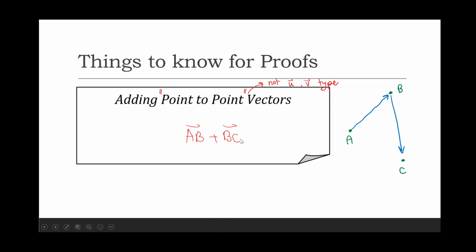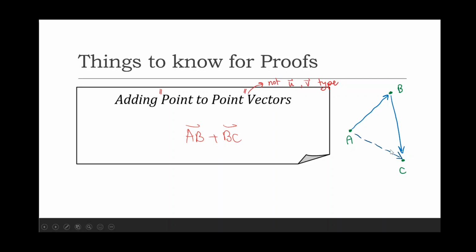Okay, so let's say you're having a proof and you had these two things side by side added. What can you do with that? Well, if you look at the diagram, vector addition will tell you that if you started at point A, you went to B, then to C, your start and ending is the key thing that you want to remember with vectors.